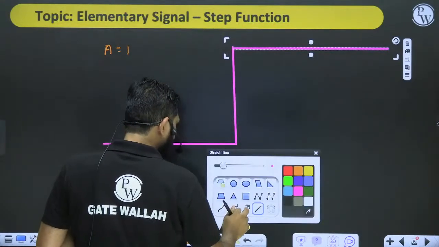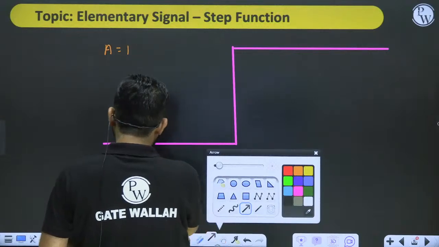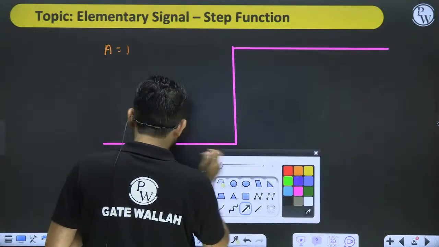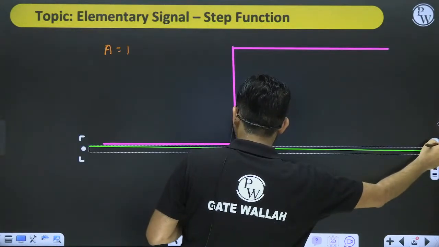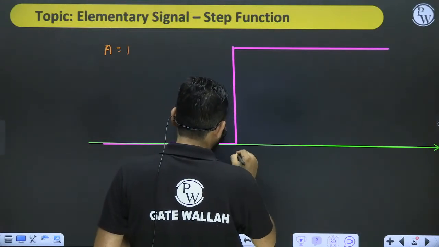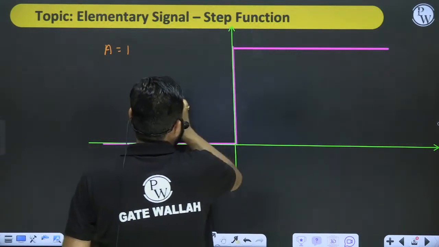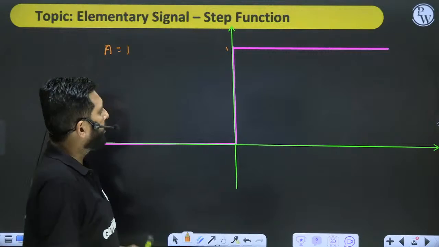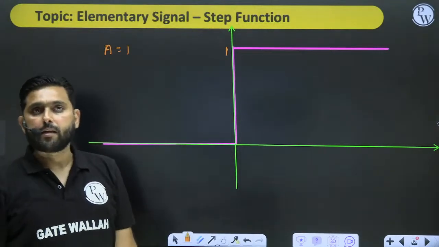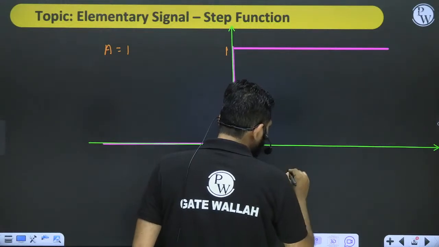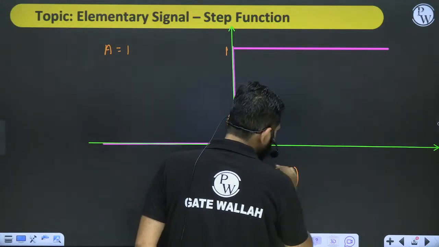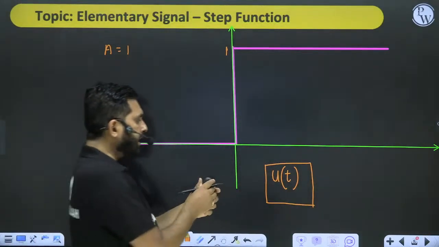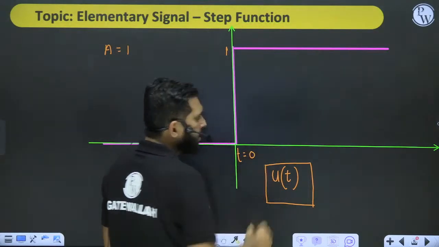This value is 1. So we call it u(t). u(t) is a function which exists at t equal to 0 and before 0.